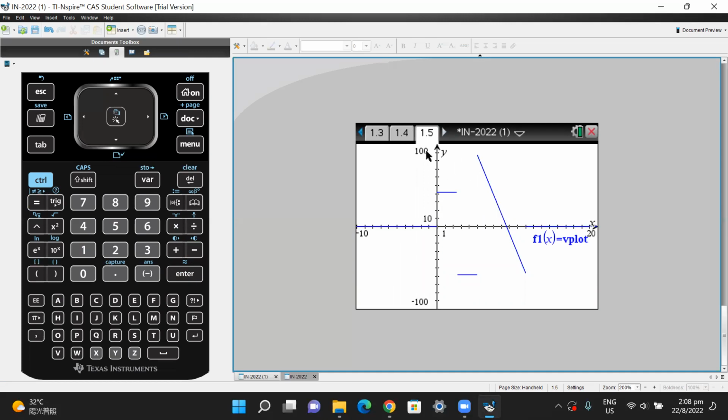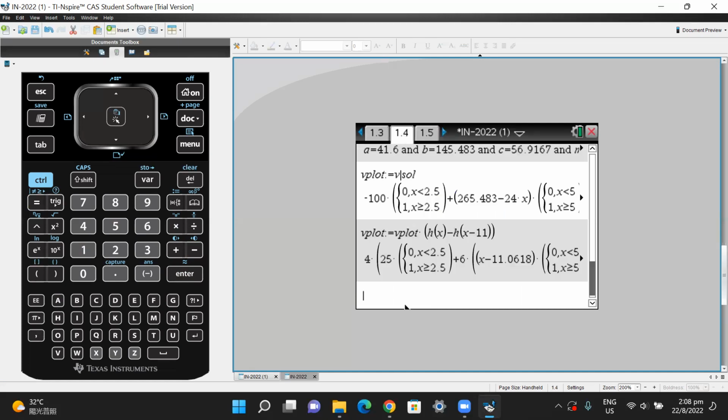Okay. And we could easily get this one done. And let's plot the M graph too.